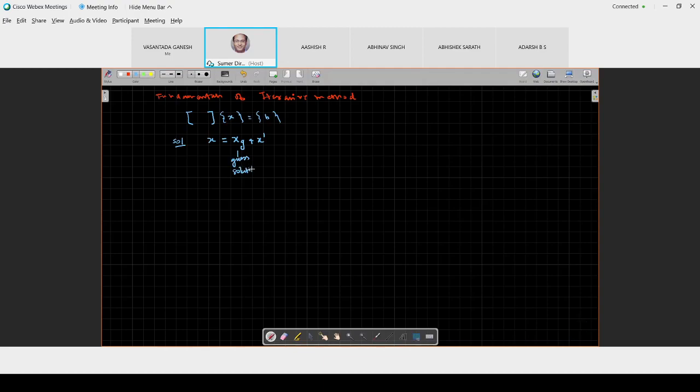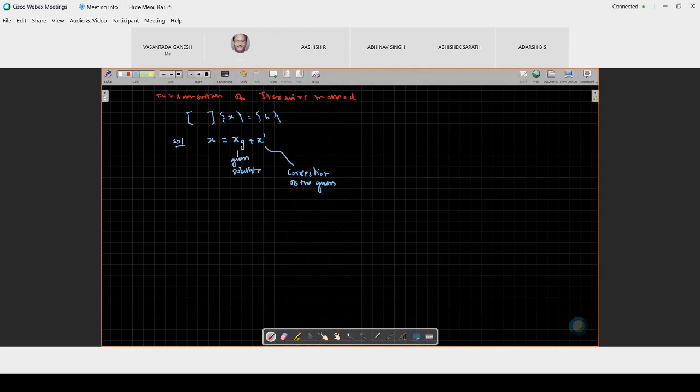So the solution X can be a guess solution plus a correction of the guess. If this correction and the guess solution are added, we can get the exact solution.